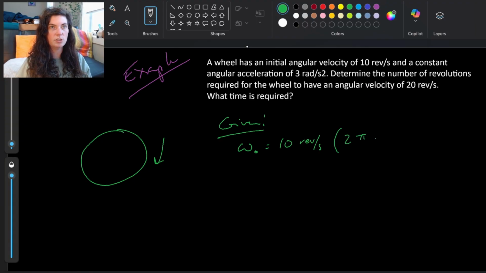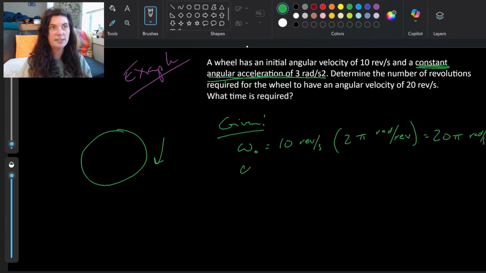To do that, we can just multiply by 2 pi. That converts us from revolutions to radians. So 2 pi radians is 1 revolution, which means that our initial angular velocity is actually 20 pi radians per second. And then we have a constant angular acceleration of 3 radians per second squared. This was the other big, super important flag for you in this problem: constant angular acceleration.